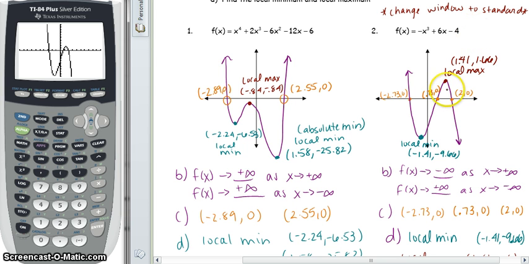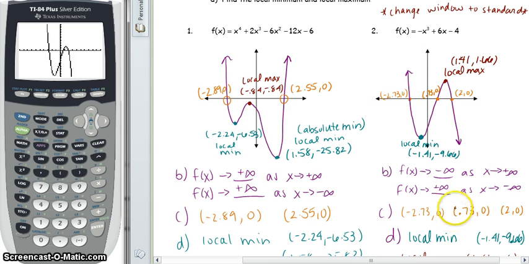First step is to sketch your graph, and then from there you need to find your end behavior. As x goes to positive infinity, our y value is going to negative infinity. And if f of x is going to positive infinity, then our x value is going to negative infinity.